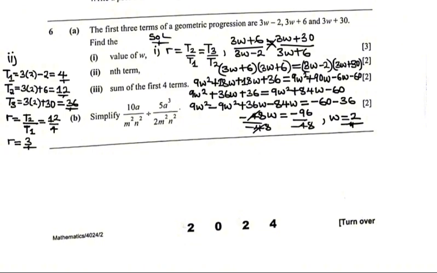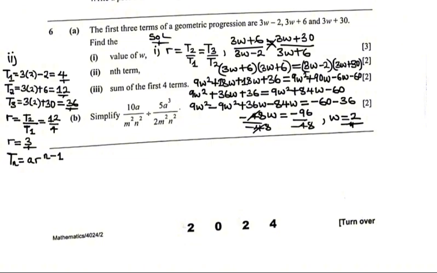So now to get the nth term, we use the formula Tn is equal to A R to the power n minus 1. So this is the general formula for calculating terms. So now we want to find the nth term formula for this progression that we've been given here.